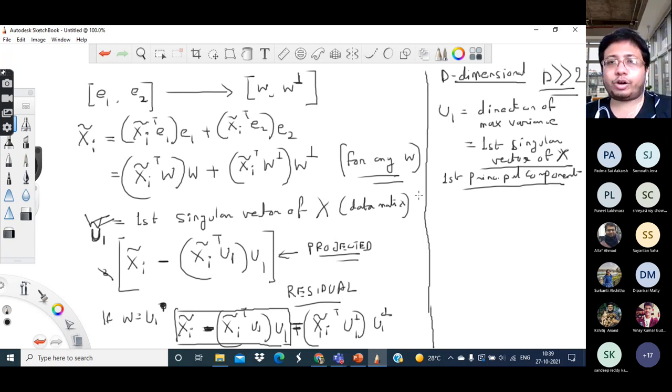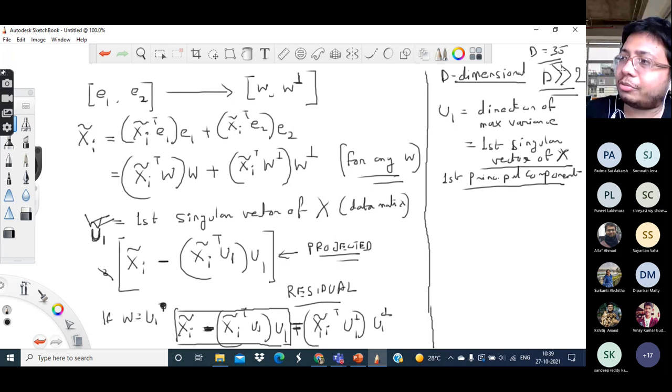I may not want to leave that much residual. Let's say d is equal to 35. I do not want 35 dimensions, but I can handle maybe 3 or 4. So I can afford more dimensions than one.